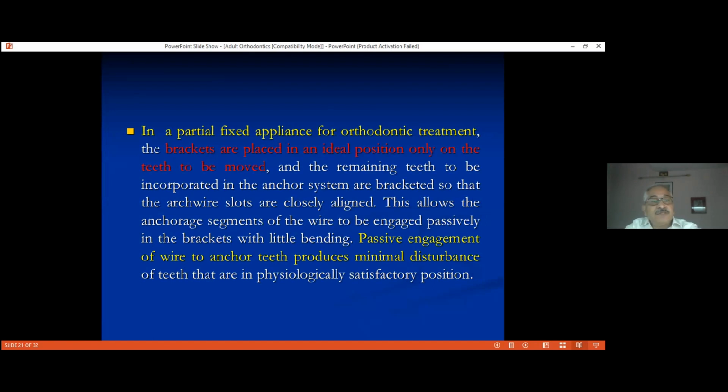This allows the anchor system of the wire to be engaged passively in the bracket with a little bending, and thereby less force is transmitted to the periodontally compromised teeth. Passive engagement of the wire to the anchor teeth produces minimal disturbance of the teeth that are physiologically in a satisfactory position.